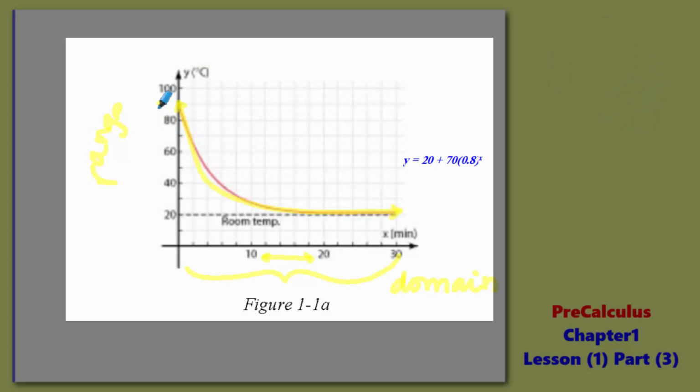So our range, remember, is from 0 to 20, but will not be equal to 20 because of this asymptote here, or the limit of your range, wherein your graph will try to approach the one with the arrow, but will not be equal to it because of certain factors.